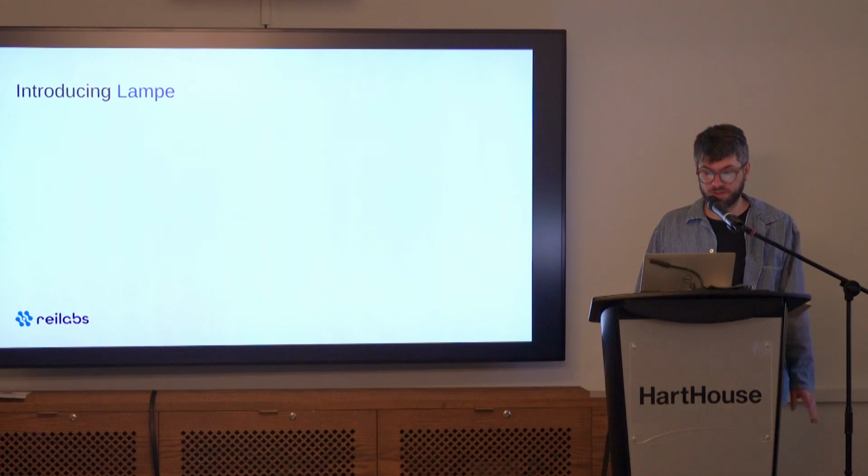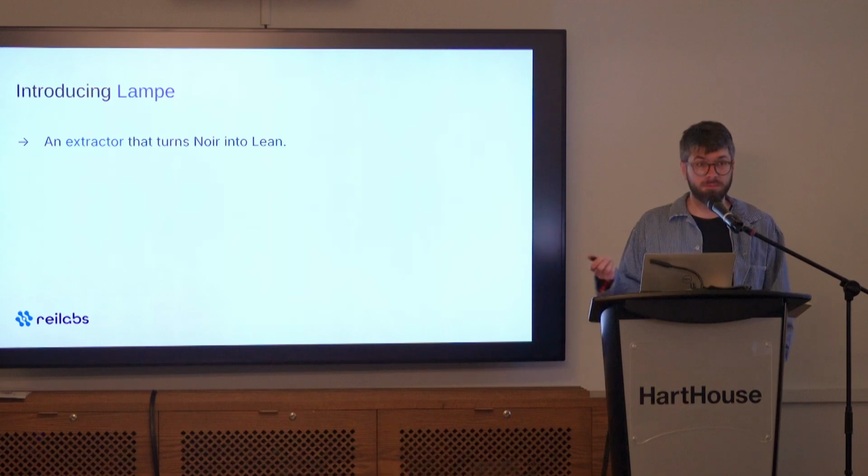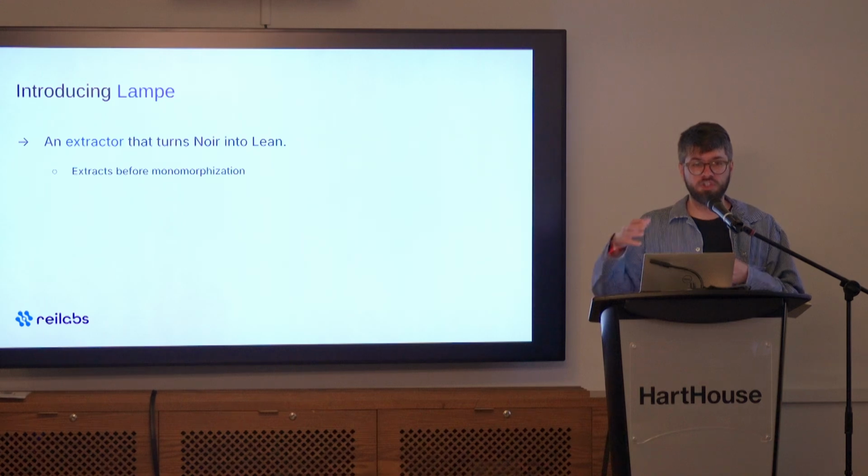So that's a quick introduction to Noir, now a quick introduction to Lampe. It's made out of 3 components. The first is an extractor that turns Noir into Lean. I'll say a little bit more about Lean later, but Lean is the language where all of the semantics and the proofs are going to be done. It extracts before monomorphization, so it will keep the generics intact.